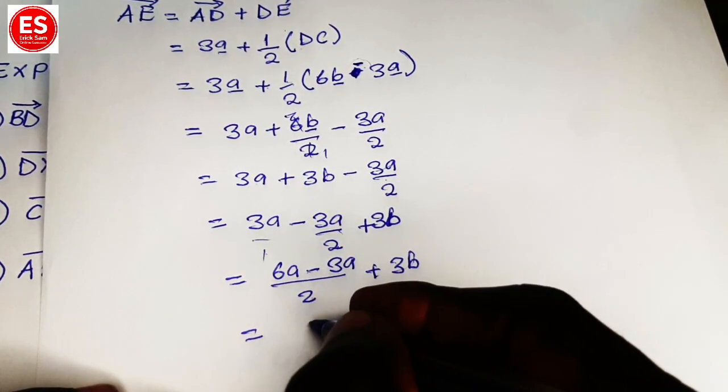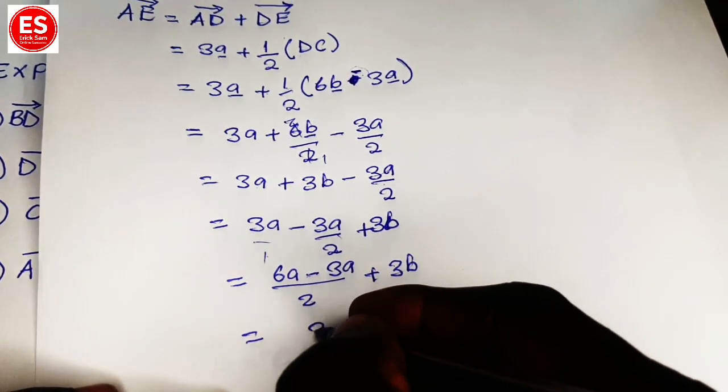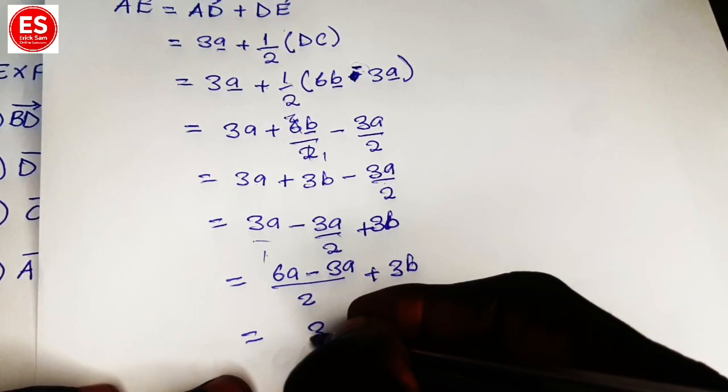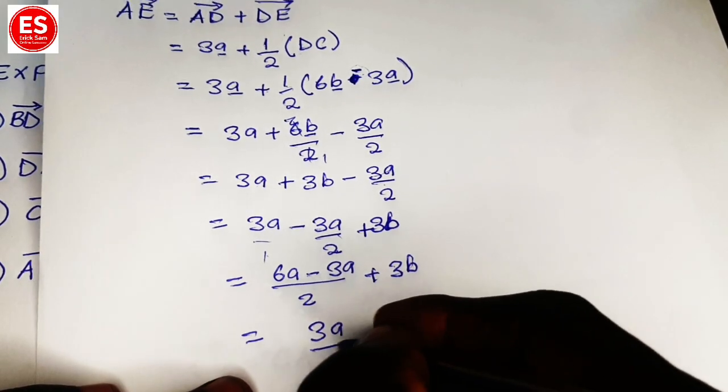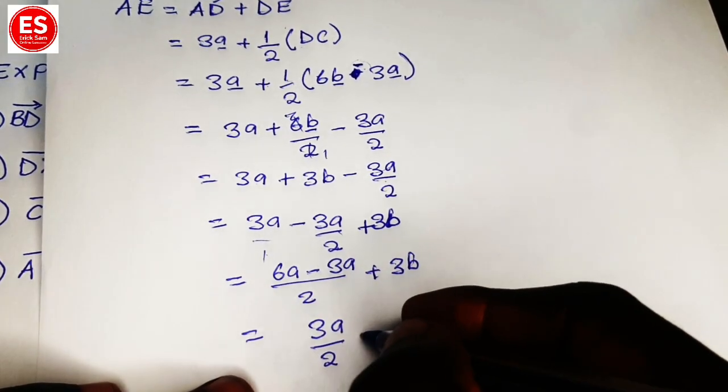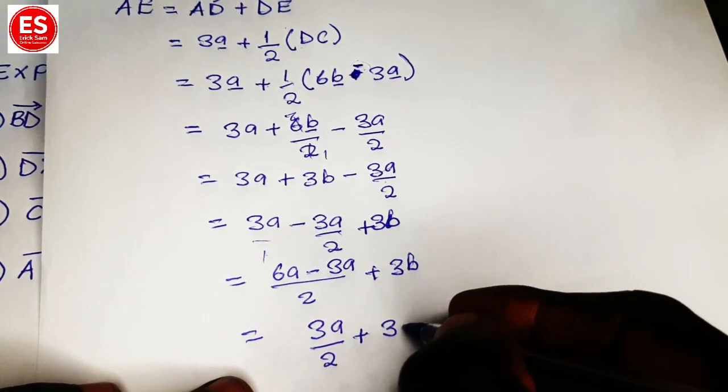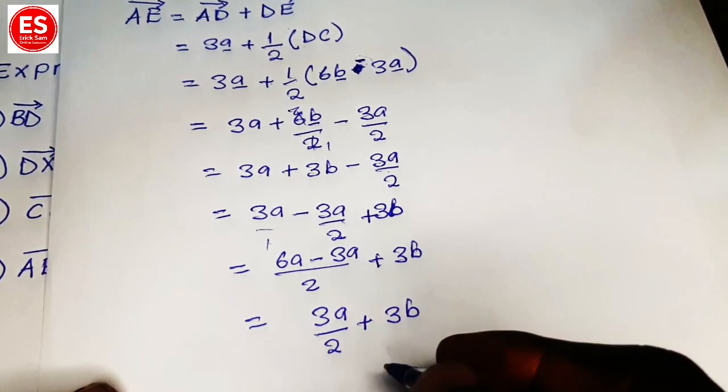If you subtract, you're going to remain with 3a over 2 plus 3b.